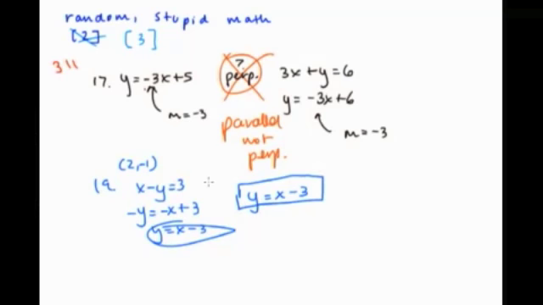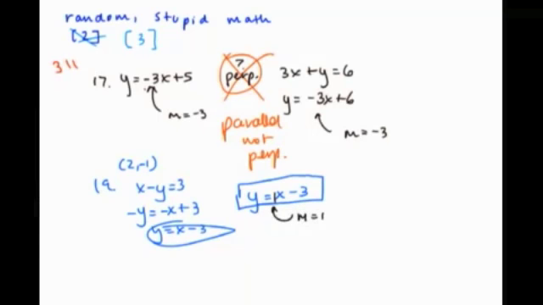And it goes through 2 comma negative 1. I'm just proving that 2 comma negative 1 is a point. The slope here is just 1x, right? So the slope is 1.